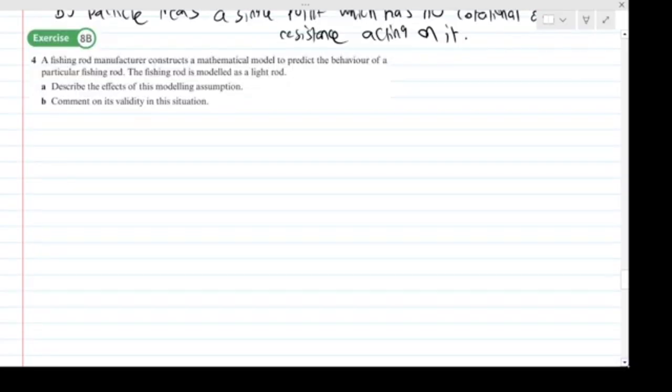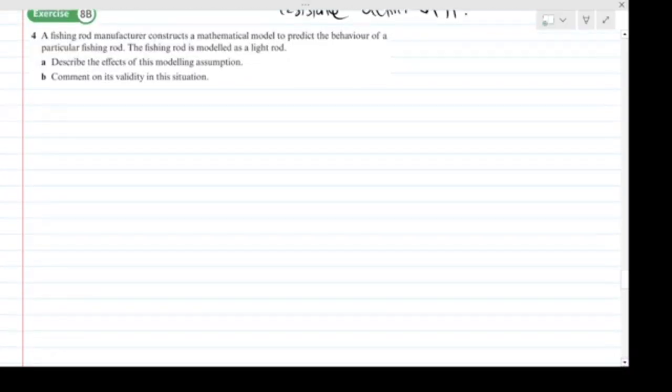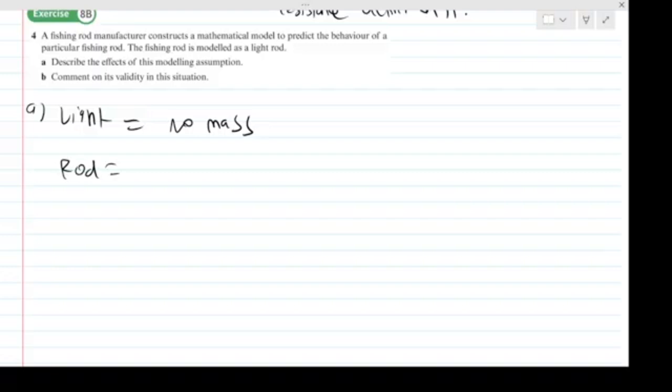But yeah, we're talking about a fishing rod manufacturer which constructs a mathematical model to predict the behaviour of a fishing rod. The fishing rod is modelled as a light rod, so light and rod. Okay, so firstly, light. What does that mean? It has no mass, right? And then the rod is, again, one dimensional.